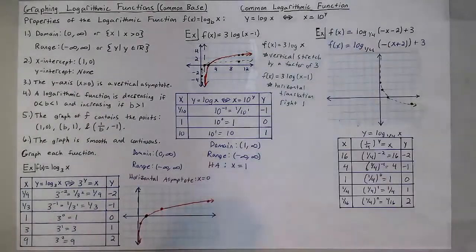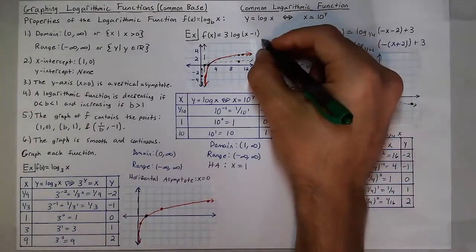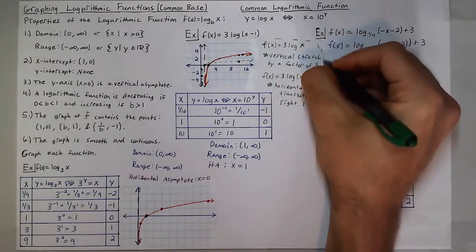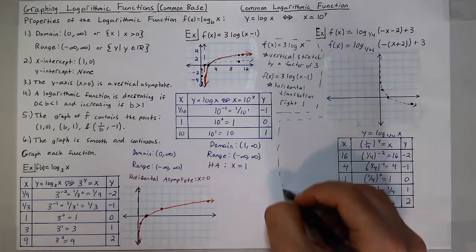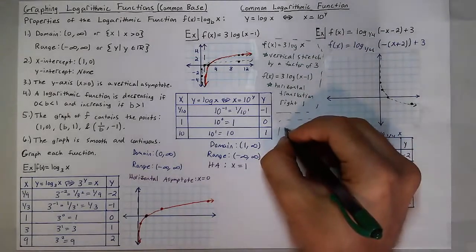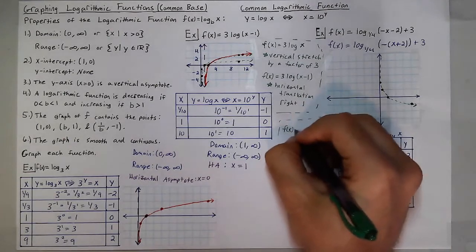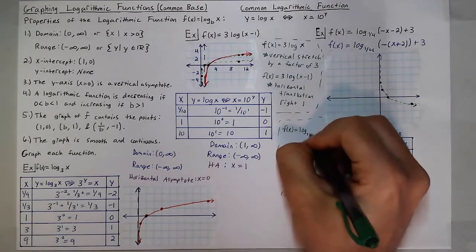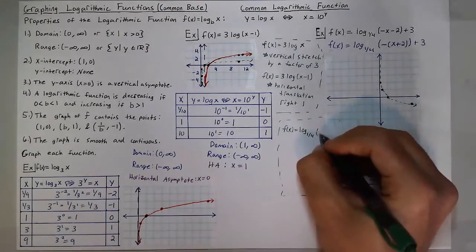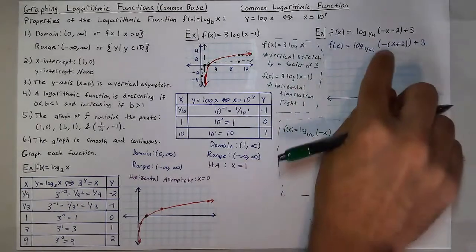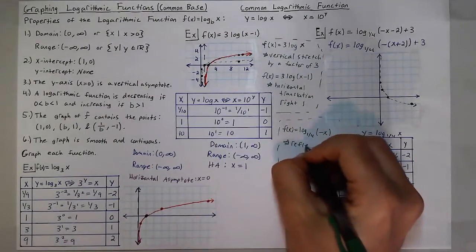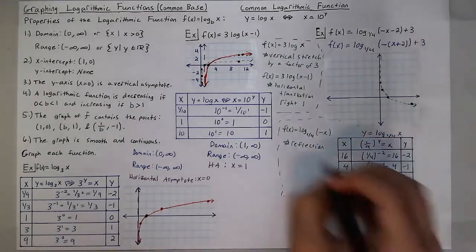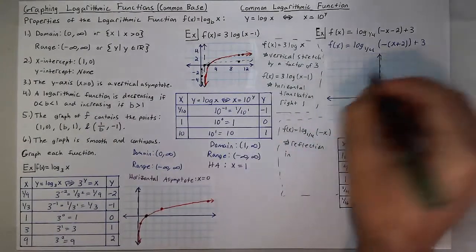But let's apply the transformations. So these transformations went to that graph. And these transformations down here will go to this graph. We'll start with f of x is equal to log base 1/4 of x. And we're just going to address the negative on the inside of the function first. This would be a reflection in the y-axis.